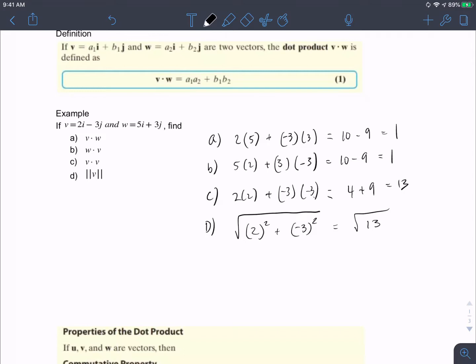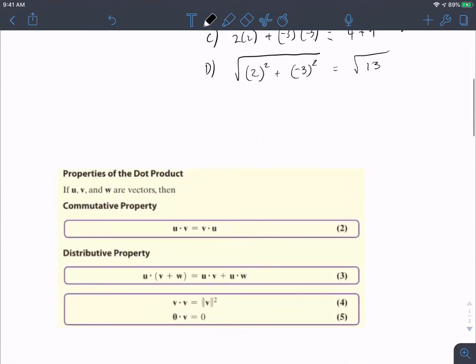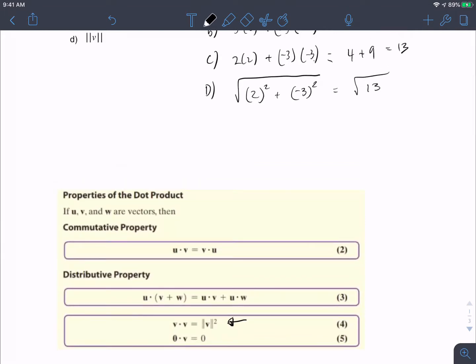We can see that the dot product of v with v and the magnitude are very similar. There's a rule, and this is it right here. The dot product of a vector with itself is equal to the magnitude squared. So if I were to have done D and squared that, I would have gotten the same thing as I would have gotten in C.